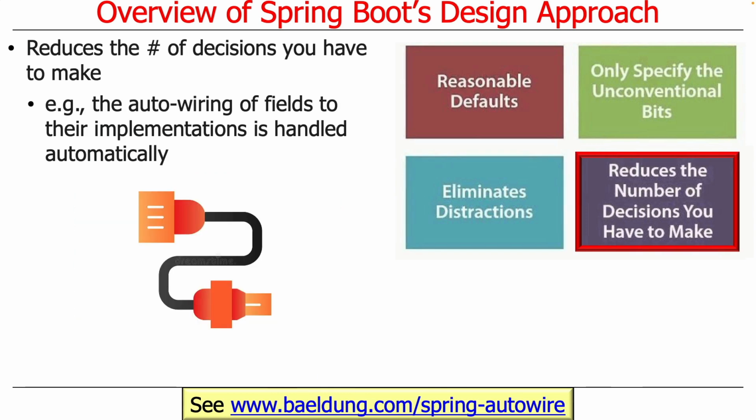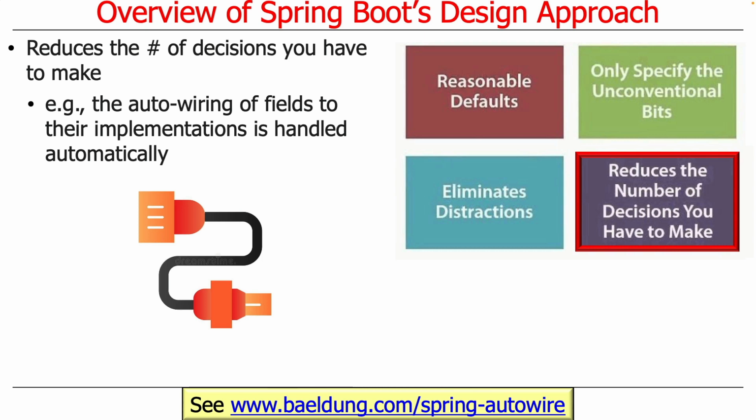Yet another one of these convention over configuration style benefits is reducing the number of decisions that you have to make. So a really good example of this, and we'll see more examples, and if you watch Professor White's videos, he goes through this in more detail, is auto-wiring of fields to their implementations.